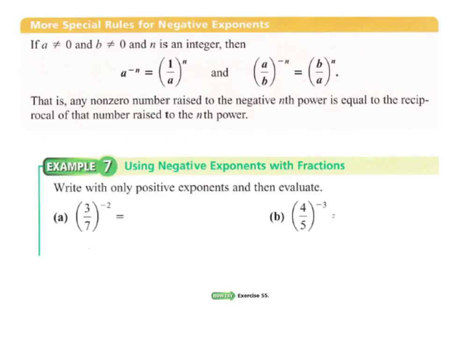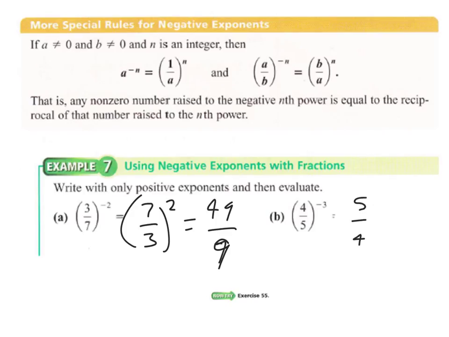So something like a here, we just flip the 7 over 3 over. That's getting squared, so we square both the top and bottom. We get 49 over 9. And very similar with the 4/5, we flip that over, we get 5/4 to the third power. 5 to the third is 125. 4 to the third is 64.